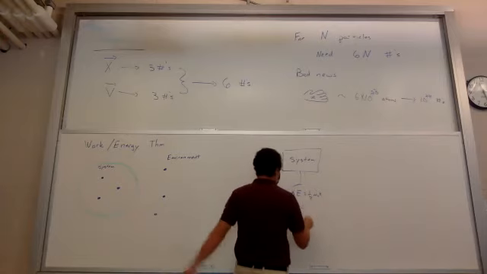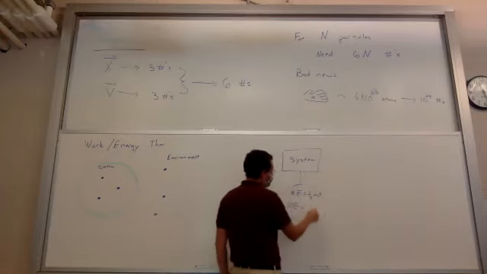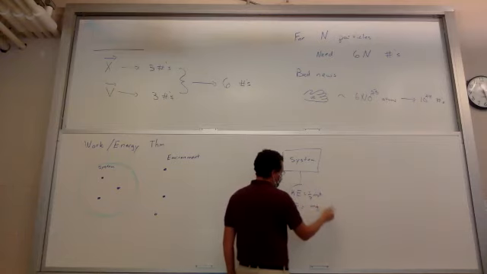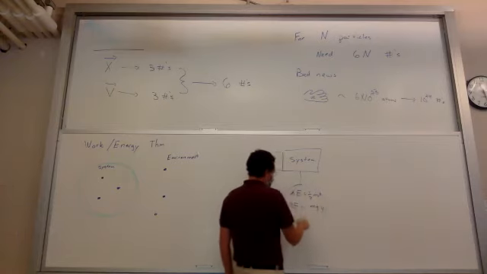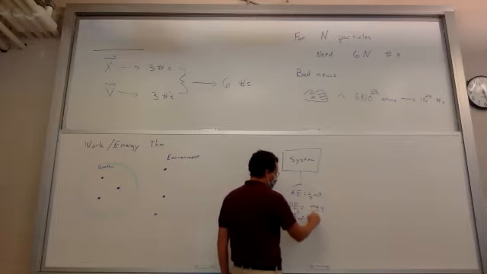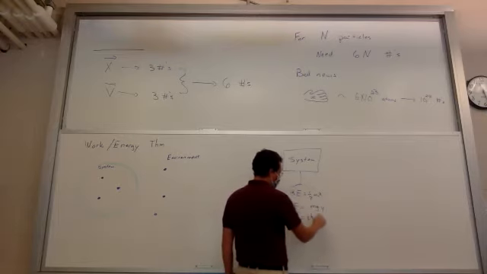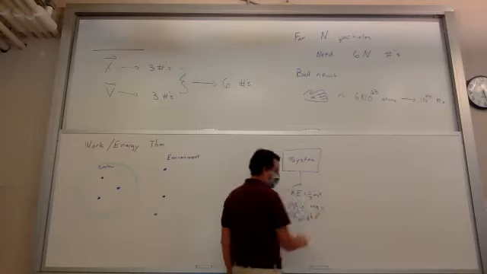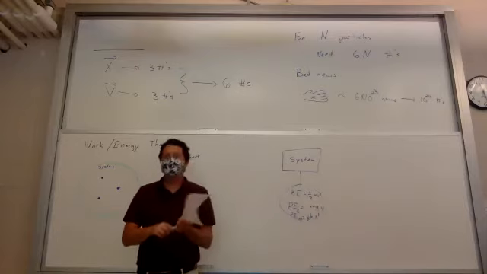For gravity, MGY. You could have potential energy for a spring. That'd be 1/2 k, the spring constant, times the stretch squared. There are different formulas for that.